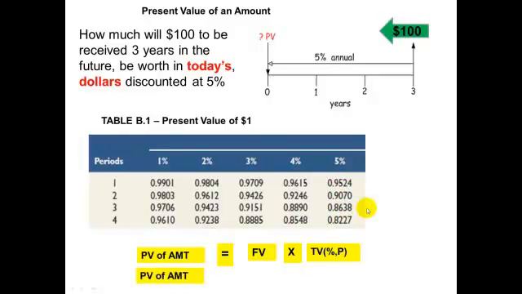So the present value of an amount is equal to $100 times a table value, which is 0.8638. Multiply these together and you'll find out what $100 is worth now if you had to wait 3 years to get it and you forfeited getting 5% annual interest on this money for that period of time, and it's worth $86.38.